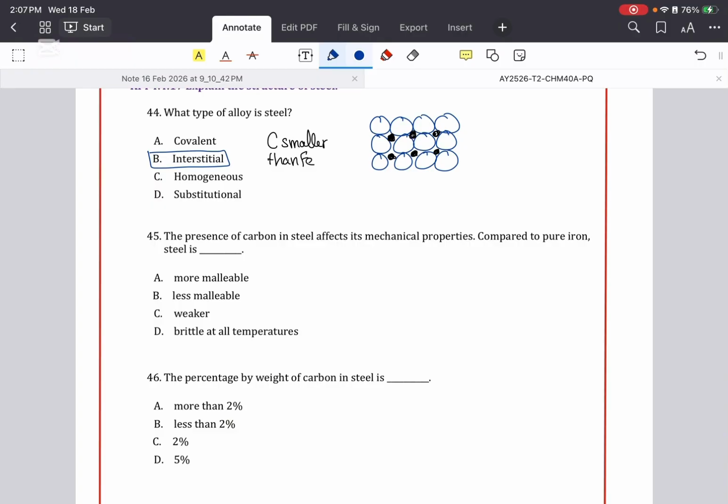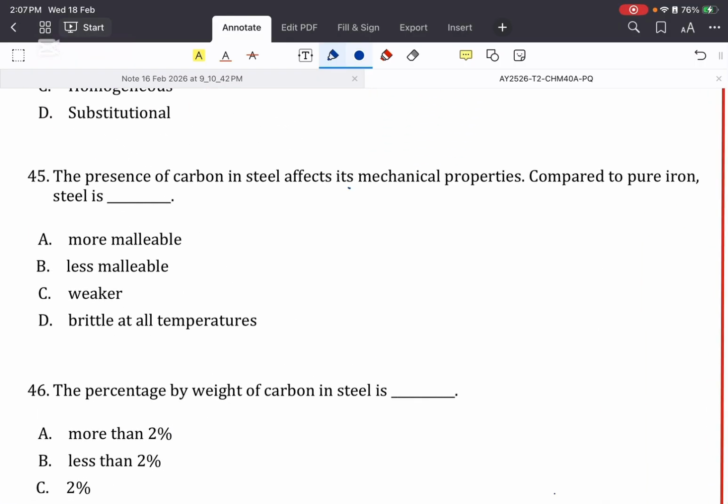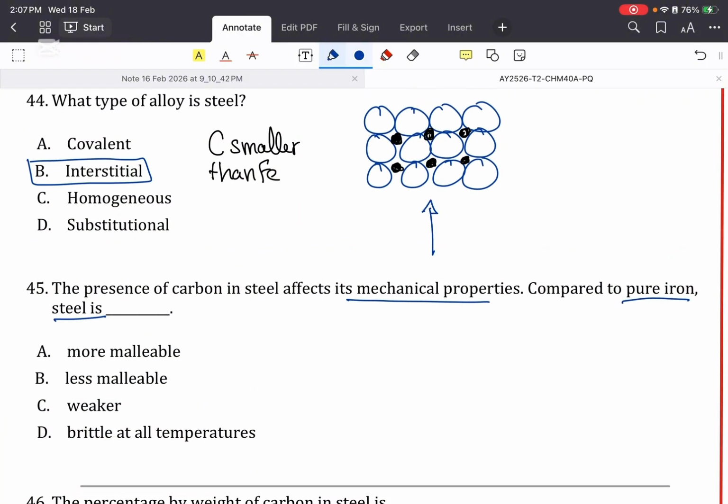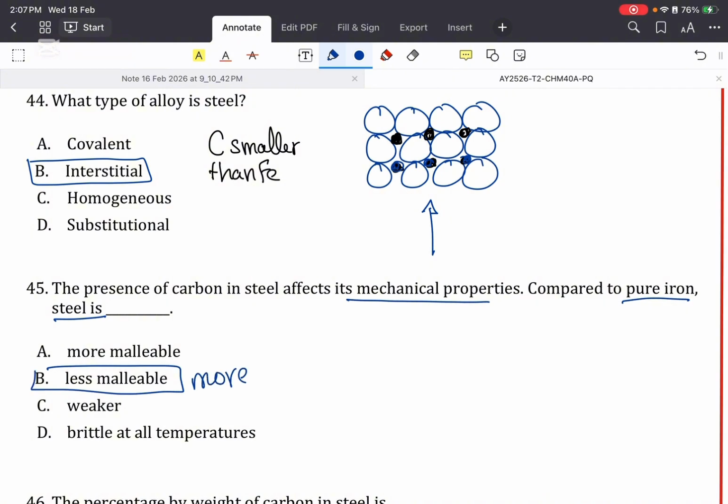Now, the presence of carbon in steel definitely affects its properties compared to pure iron. Look at this structure. If the spaces are filled, then the malleability would be less. And it means the metal or the steel becomes more hard. It becomes harder, less malleable.